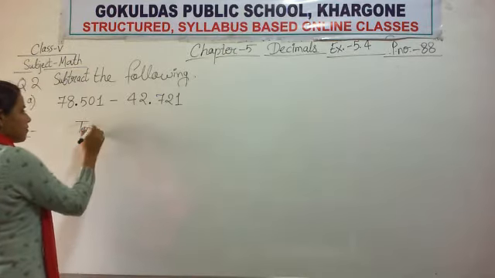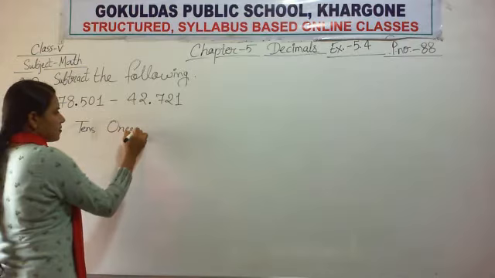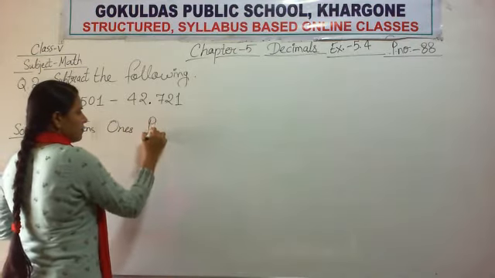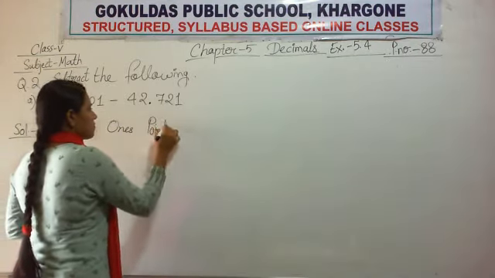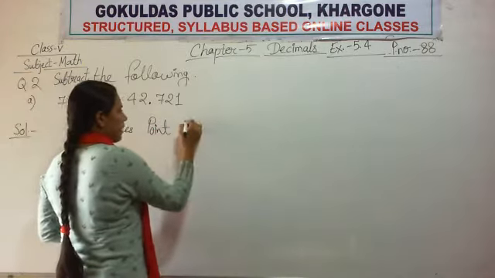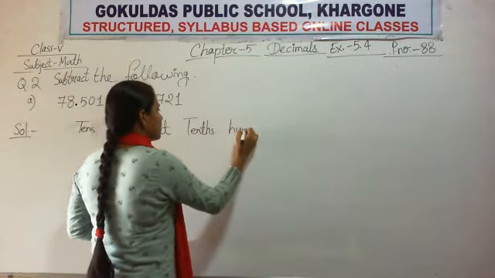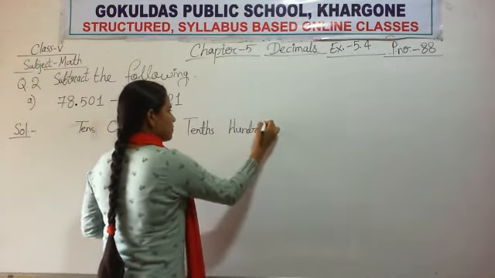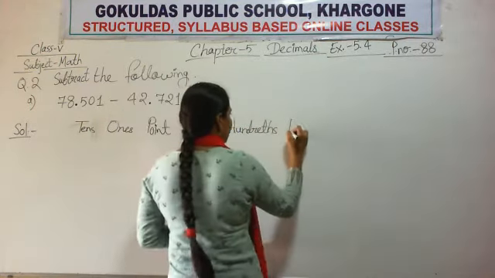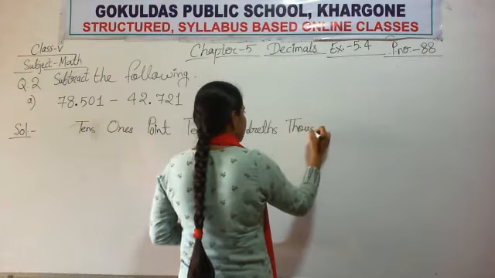Tens place, ones place, decimal point or point we can say, and 10th place, 100th place, and 1000th place.